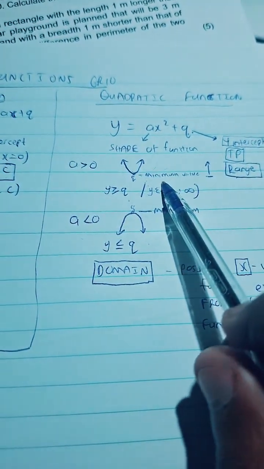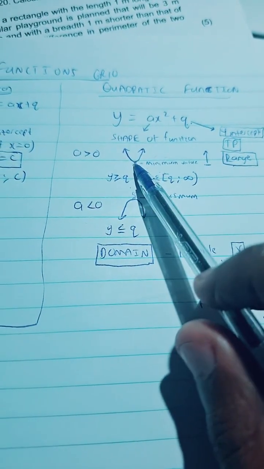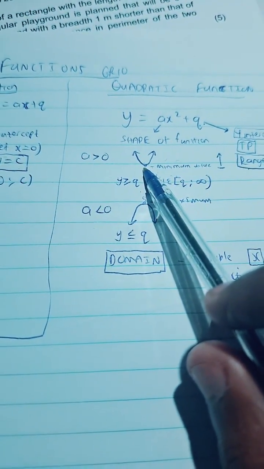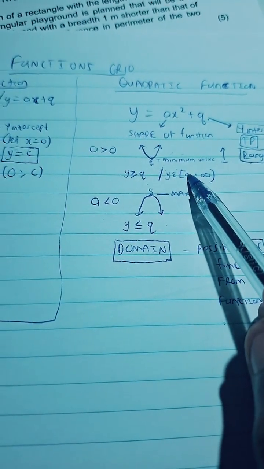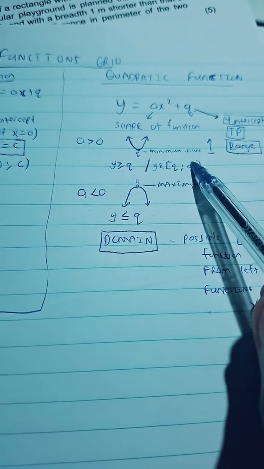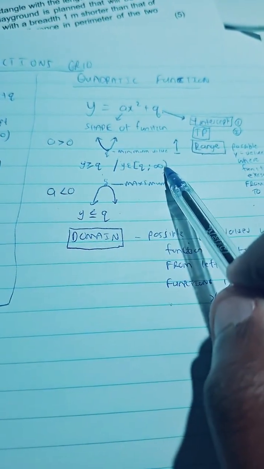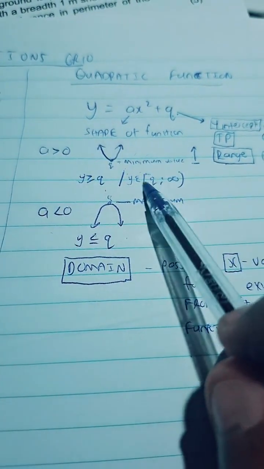Do you see? We use square brackets to show that we are including the minimum because the function touches the minimum. So we say y is an element of square bracket q. If we know the specific q value, we write it to infinity, from the bottom to the top, from small to big. We always write our range from small to big.